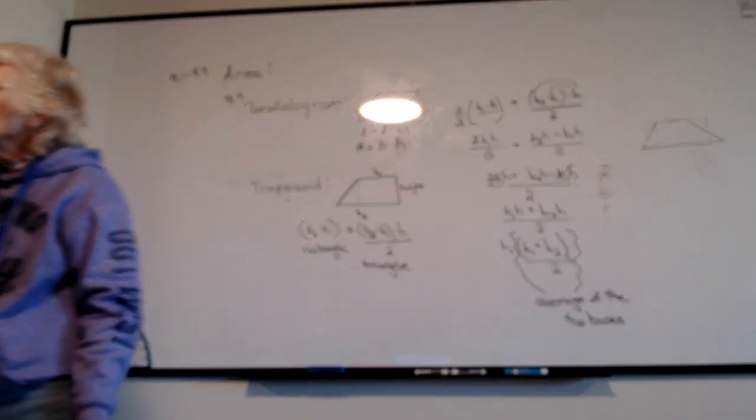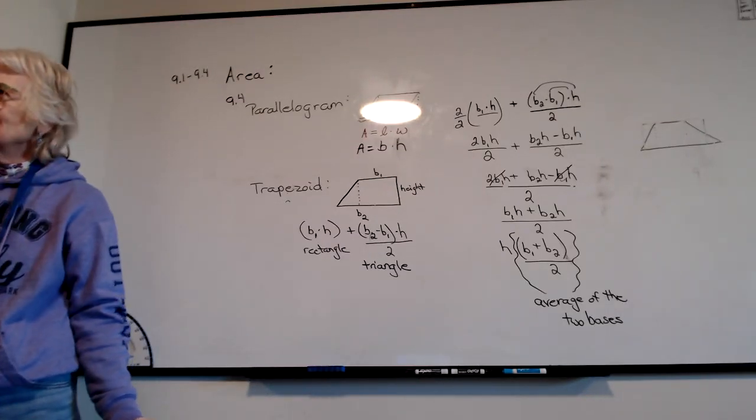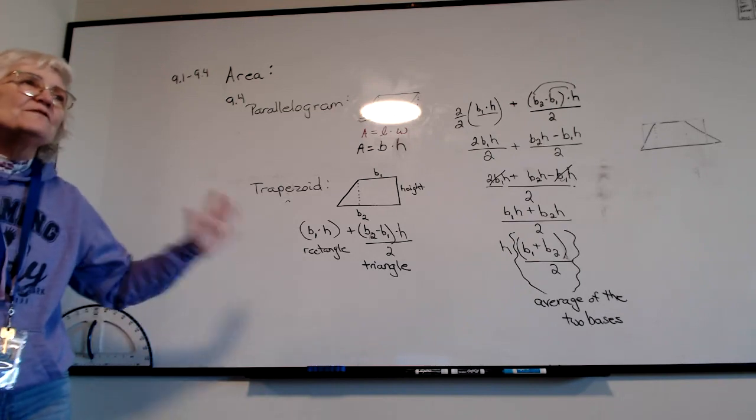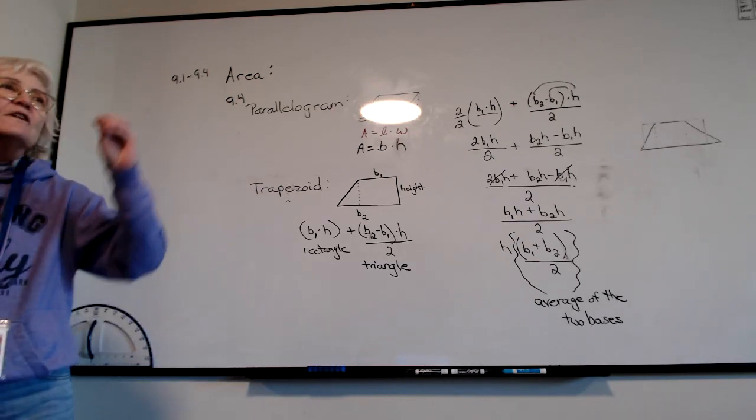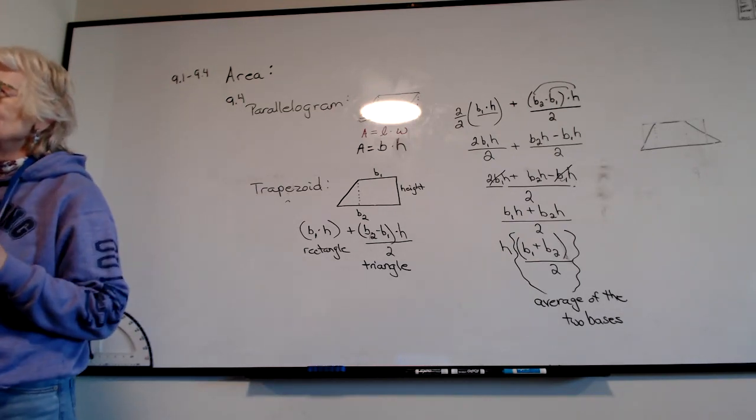So really, everything we do in geometry with areas on these types of things is all doing rectangles. All four-sided figures can be found by making them into rectangles.